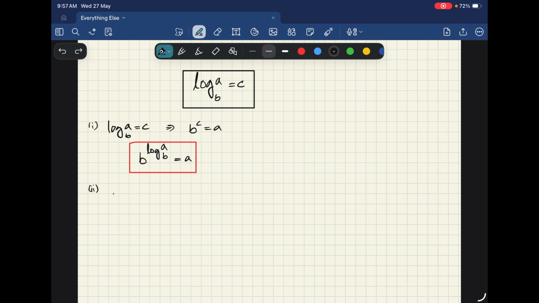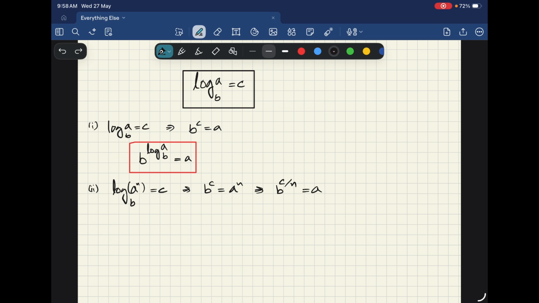Okay, now let's move on to the next property. Now let's say we have log of a raised to the power n, inside, and base b, and let's say that is equal to c. So what is this? It means b raised to the power c is a raised to the power n, and let's move the n to the other side. That gives b raised to the power c by n is a.